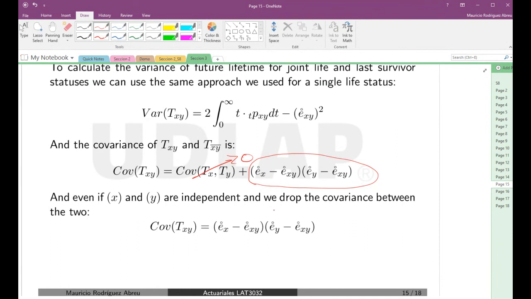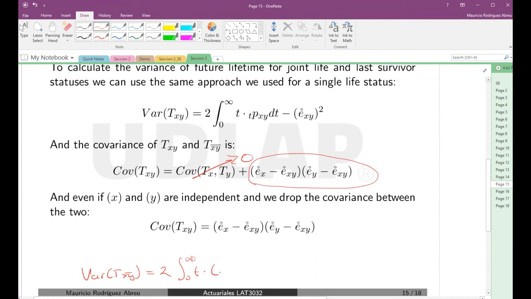So we usually pay attention to the expected value and the variance, and those are things that we can estimate without any problem. But look what happens. This is for joint life. If I were to estimate this for last survivor, it would be essentially the same.